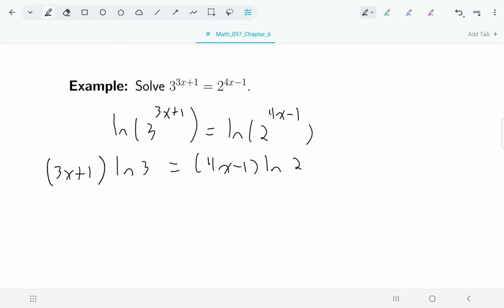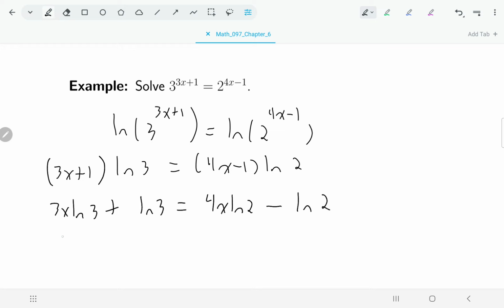Okay, so next thing, I'm going to just expand what I have on the left side. So 3x times natural log of 3 plus 1 times natural log of 3. And on the right side, 4x times natural log of 2 minus 1 times natural log of 2. And now I'm just going to go ahead and start solving for x.